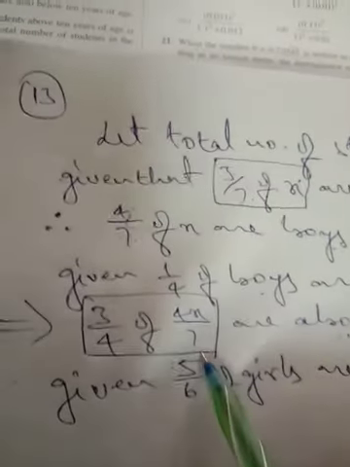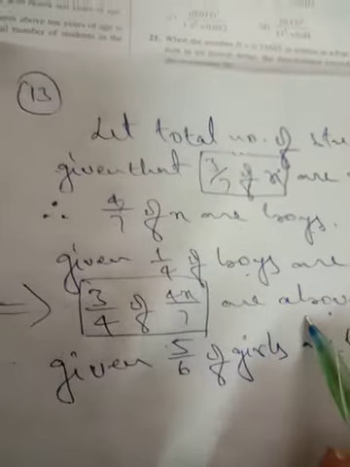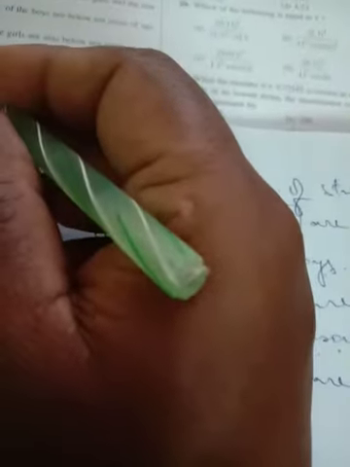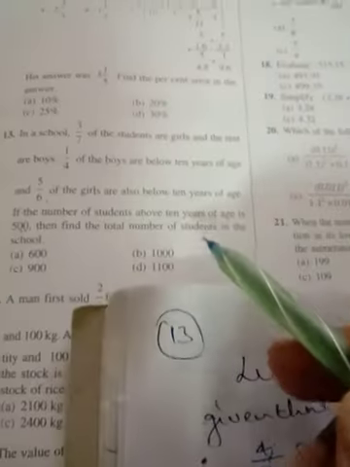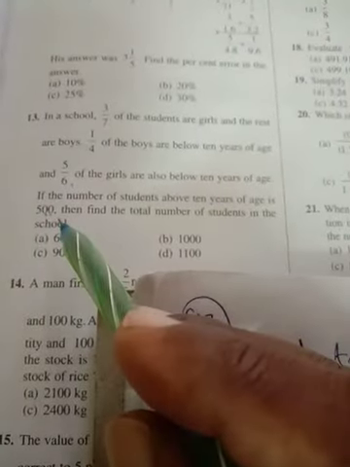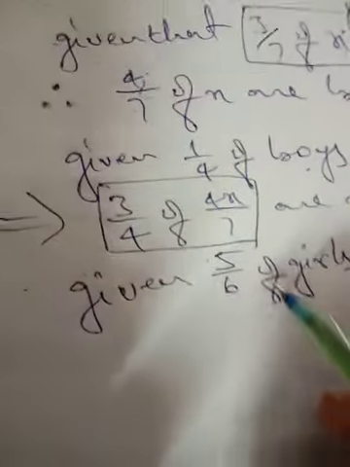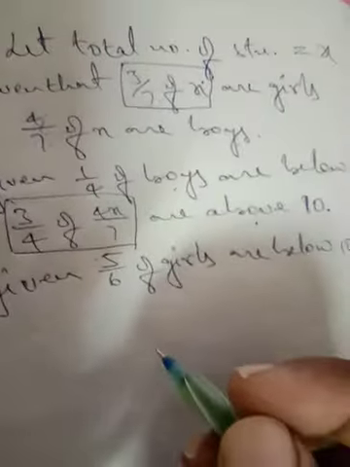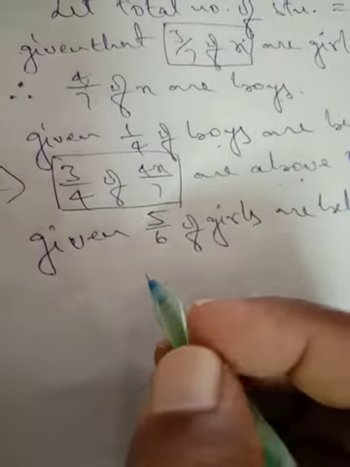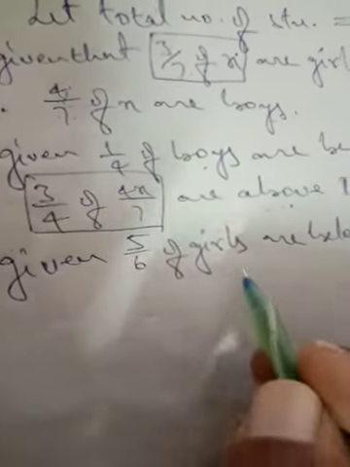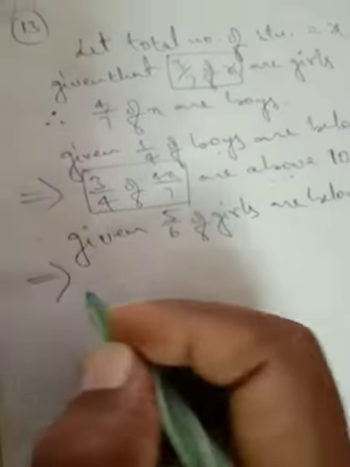The reason is that we have to equalize; we have the data regarding above 10 years. He is giving something, but I am extracting another meaning from it. Given 5 by 6th of girls are below 10, we can deduce another thing, that is, the above 10 people.